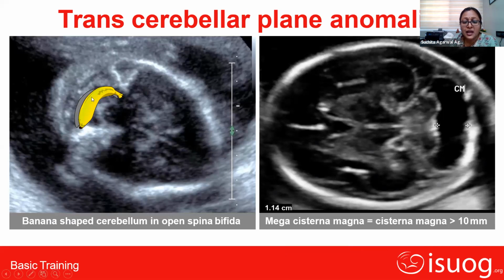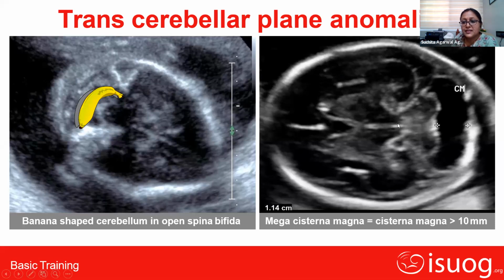So the three signs, obliteration of the IT, lemon sign, and banana shaped cerebellum, are all signs of open spina bifida. If there is an open spina bifida, an open neural tube defect will show its presence even in the head and brain planes.